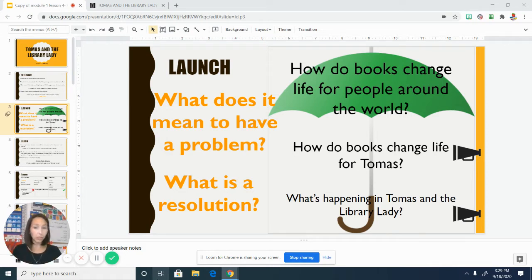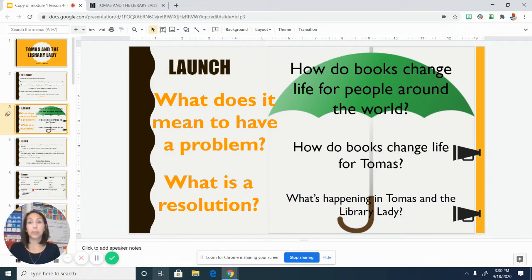So today we are going to talk about two other elements. This story stone with the X on it stands for the problem. And the problem in a story is just like what you probably think of as a problem in real life, right?